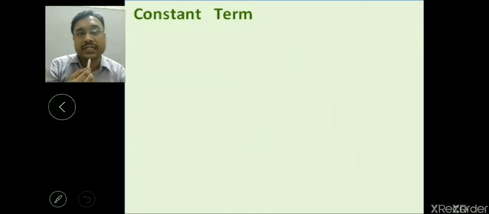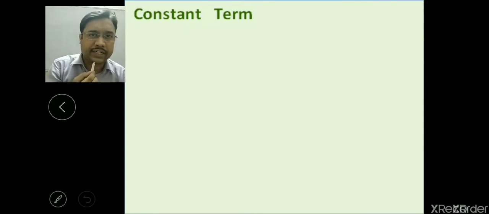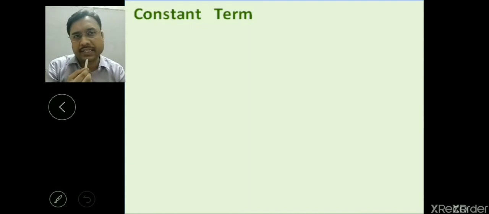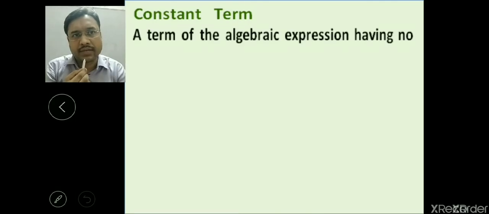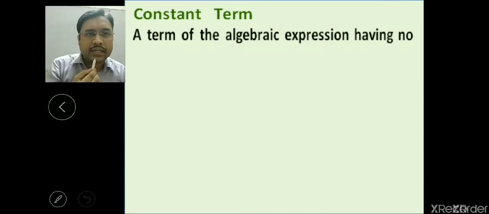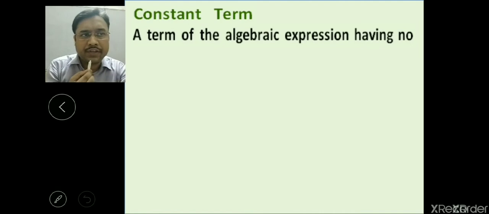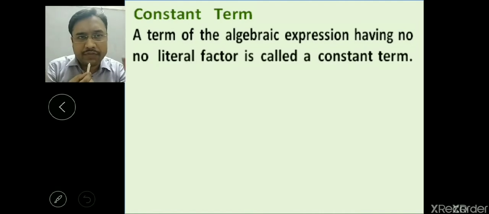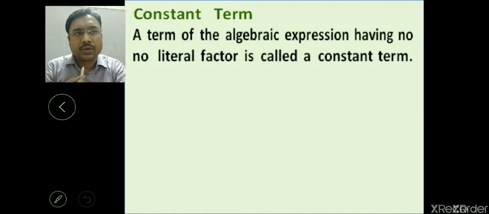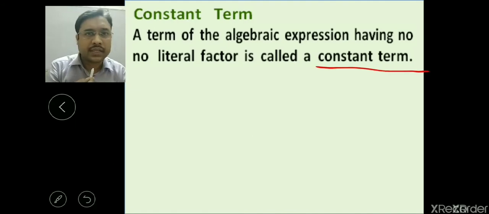Now constant term. What are constant terms? Where variables are not present, where literals are not present, that term is called the constant term. So a term of an algebraic expression having no literal factor, meaning no variable factor, is called the constant term.